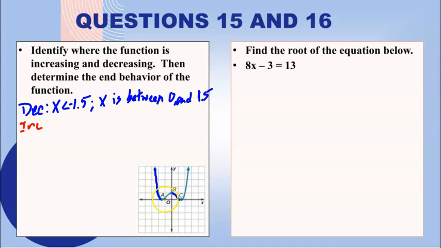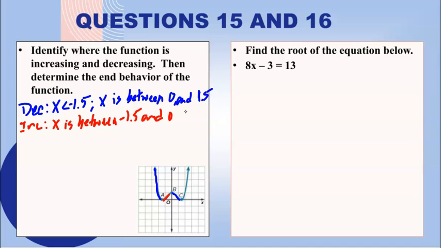It's increasing here, so it's increasing when x is between negative 1.5 and 0.